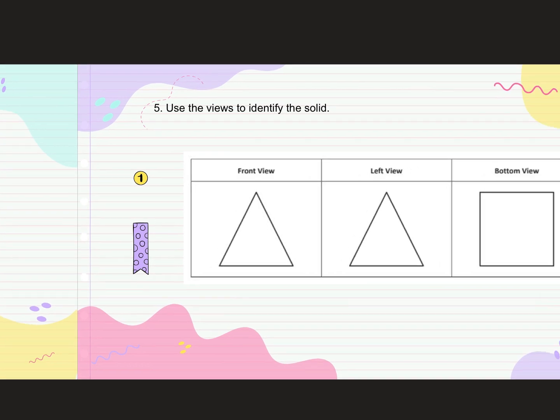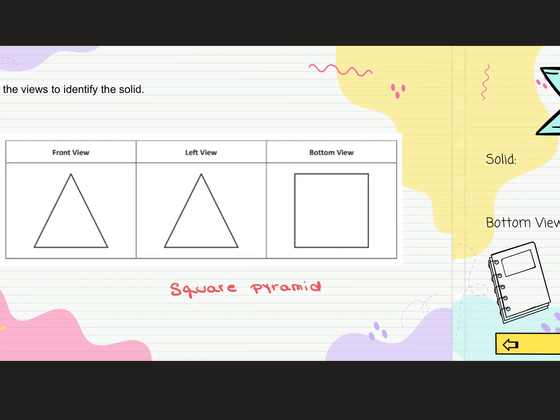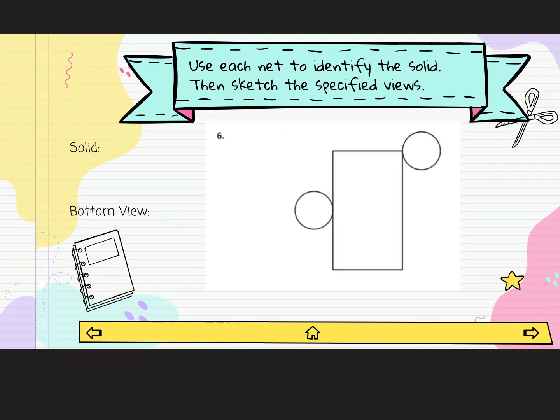All right, looking at number 5, it said use the views to identify the solids. So here we have a triangle, and a square. So looking here, we know that we have a square pyramid. All right, so now we're looking at the net.